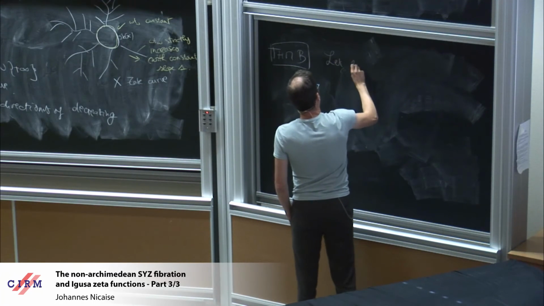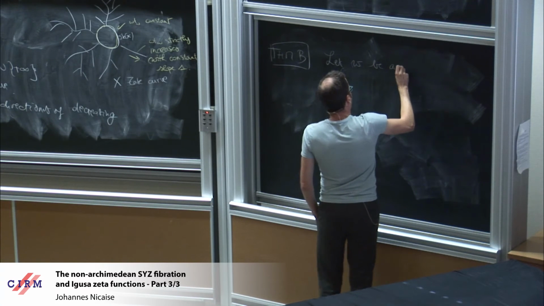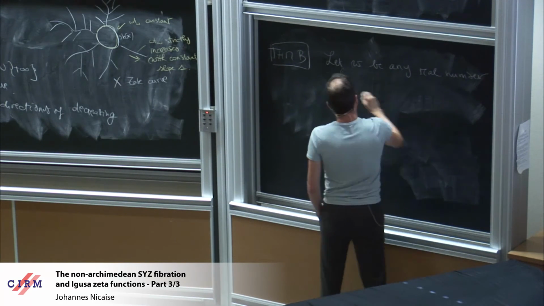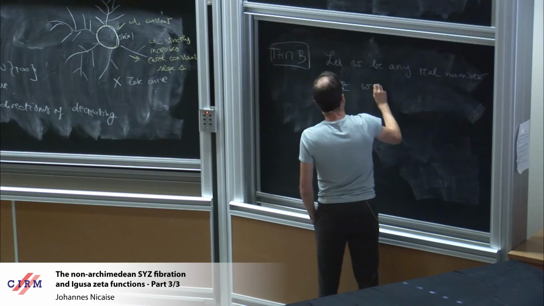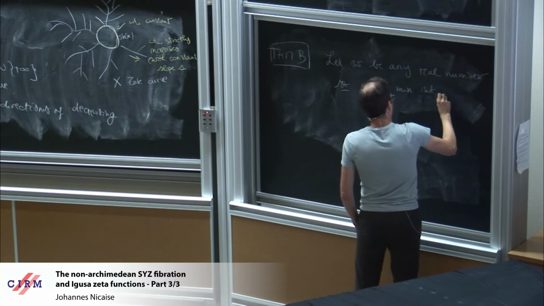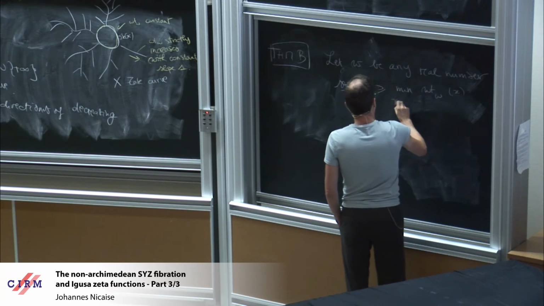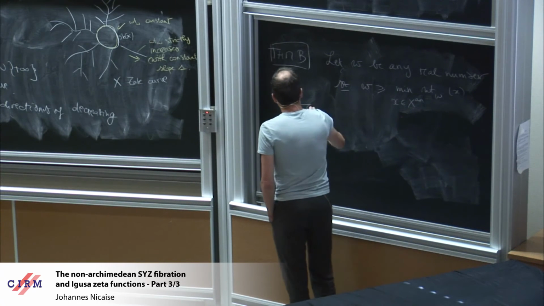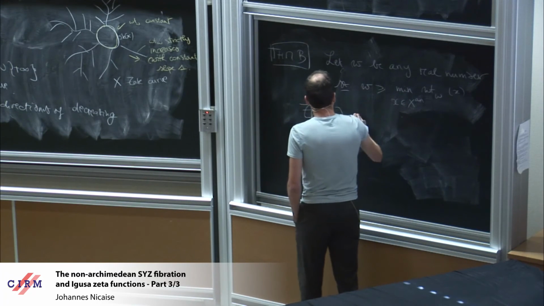So let W be any real number such that W is at least the minimal weight. Then there exists a collapse.